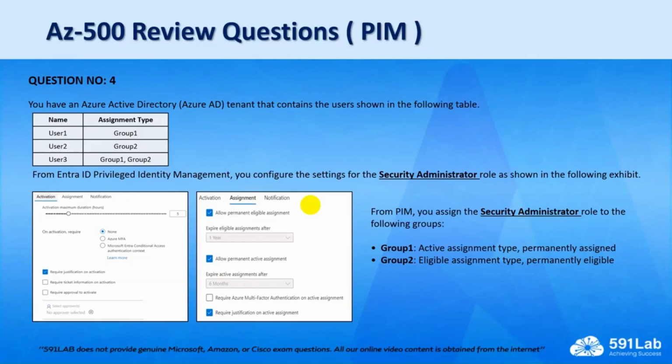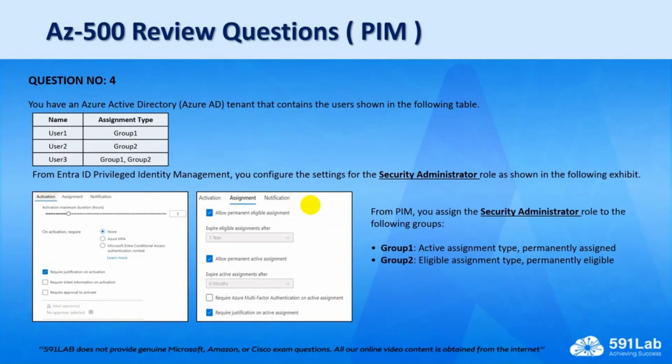And group 2 says the eligible assignment type should be permanent eligible. So to understand this question, we have 3 users, 1, 2 and 3. User 1 belongs to group 1, user 2 belongs to group 2, and user 3 belongs to both groups. Fine. In group 1, we are choosing the active assignment type as permanently assigned. And in group 2, we are choosing the assignment type as eligible.